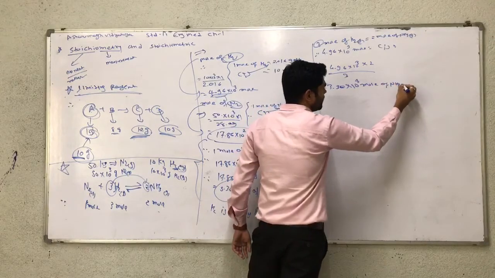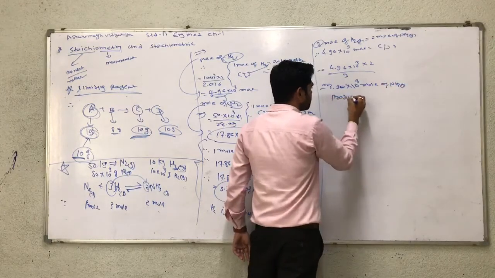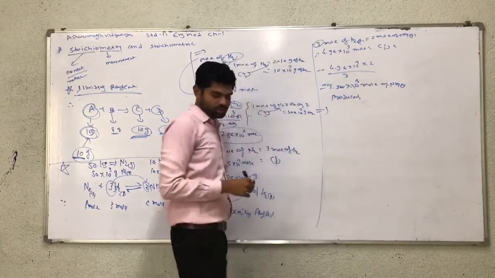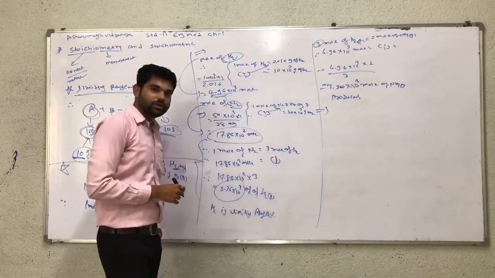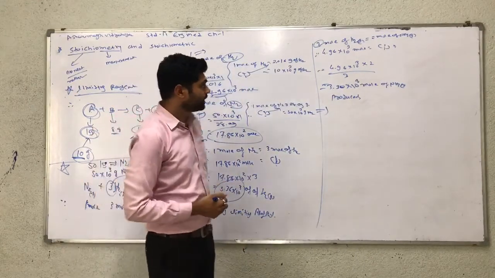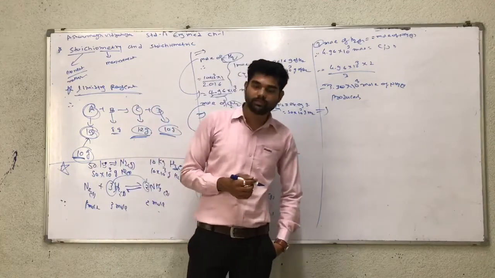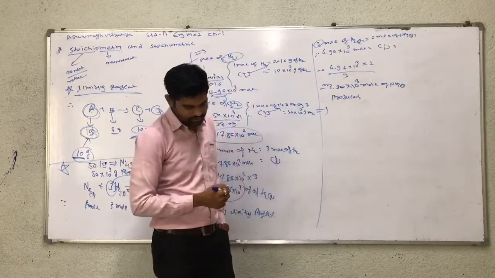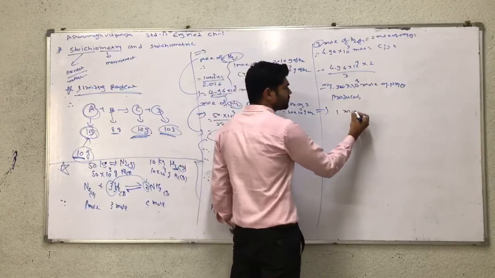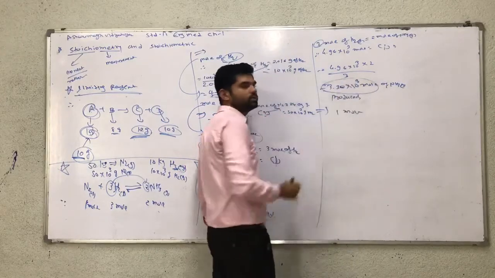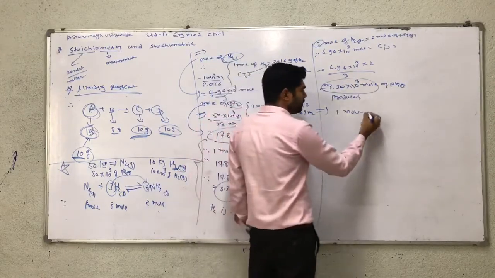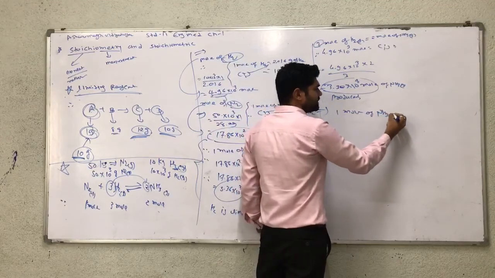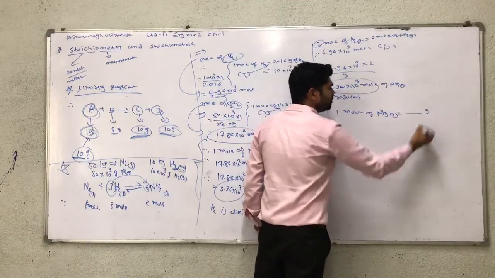So only 3.30 into 10 raised to 3 moles of NH3 will be produced. Now the moles are converted into grams. So 1 mole of NH3 is equal to how many grams?